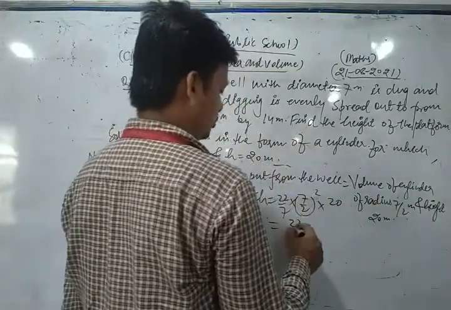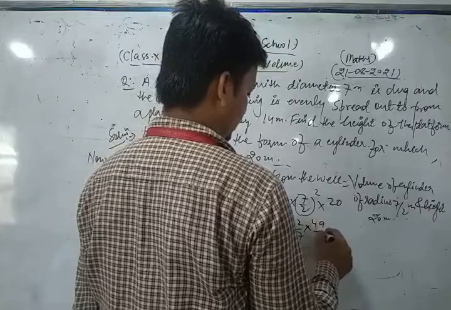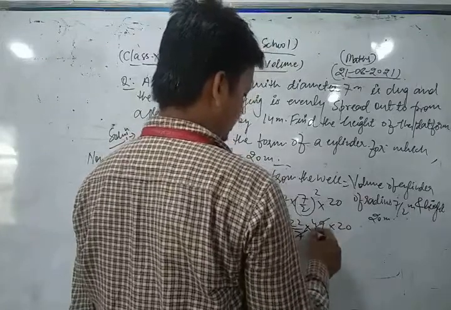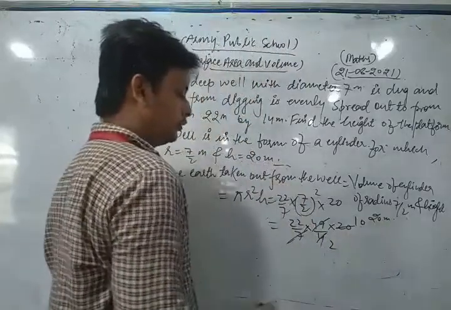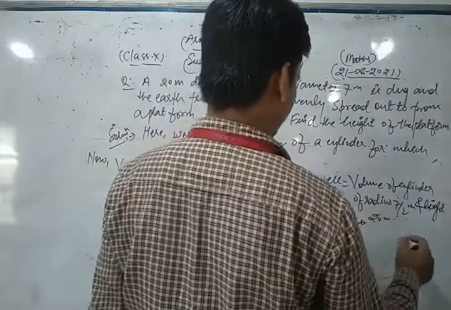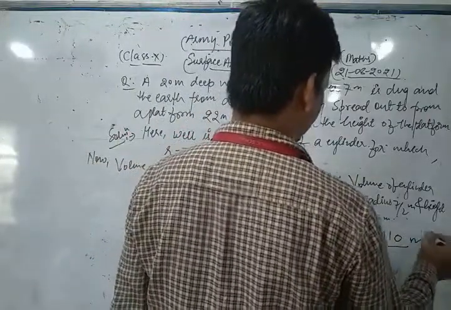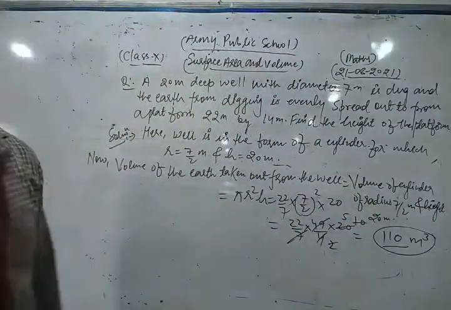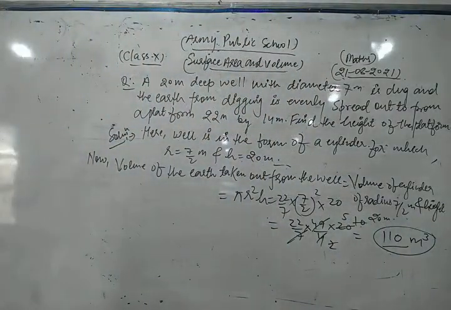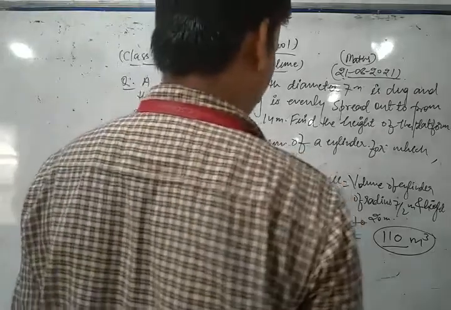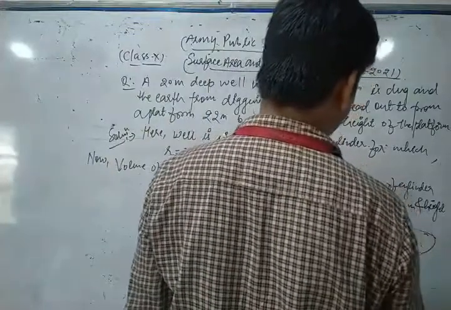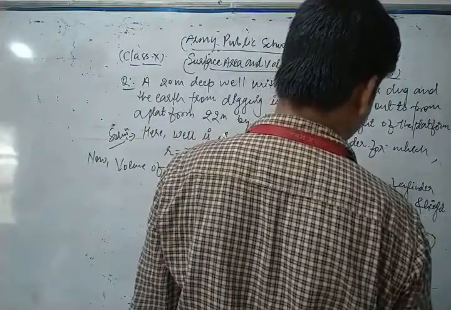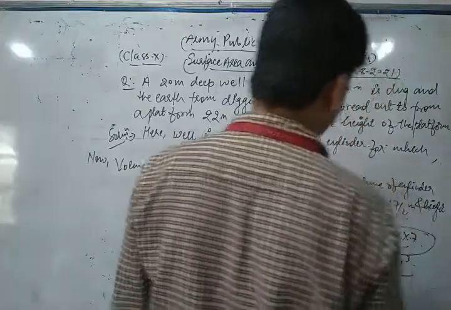Now simplify this: 22 upon 7 into 49 by 4 into 20, the 7s cancel, and we get 770 meter cube.